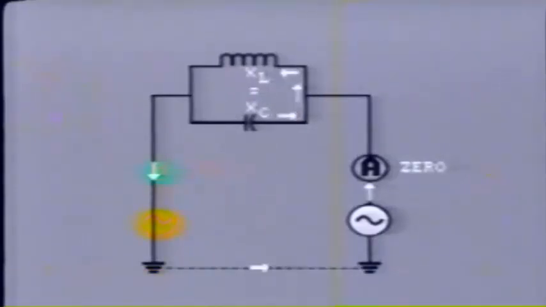This is because within the resonant circuit, current is flowing from the inductor to charge the capacitor, and then in the next half cycle, it is discharging from the capacitor back to the inductor. The resonant current oscillates continuously between inductance and capacitance.